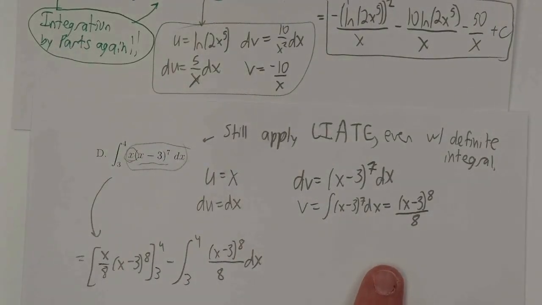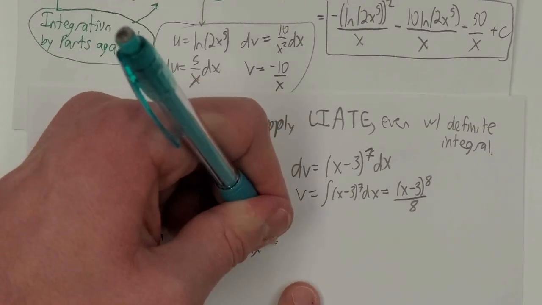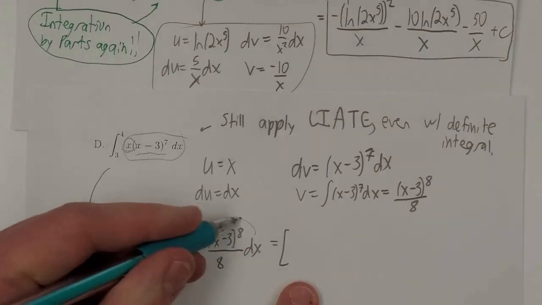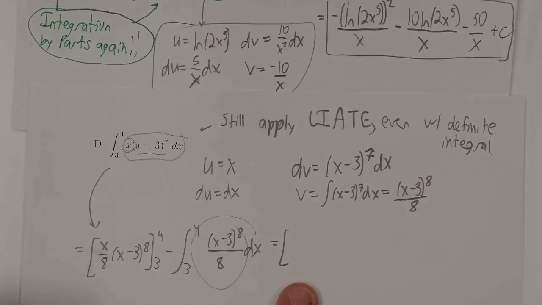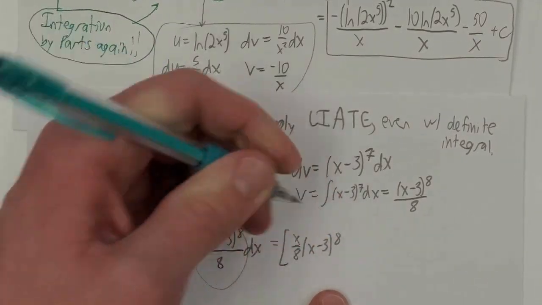Okay? So by similar reasoning as up here, we'll go ahead and find the antiderivative of this guy. Borrowing this first term here, we have x over 8 times x minus 3 to the power of 8.